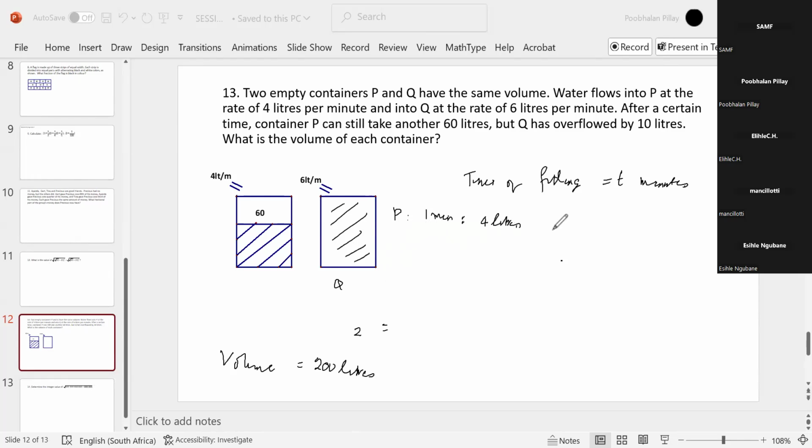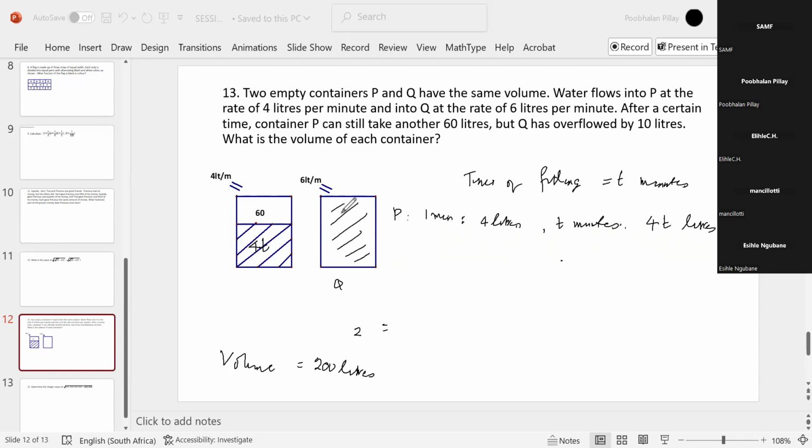So after t minutes, it'll have to be 4t liters flowed into P, because liters per minute means in 1 minute, 4 liters flowed. So after t minutes, it'll be 4t.